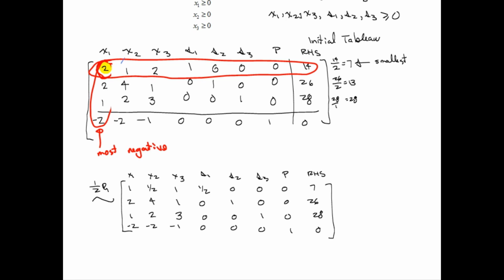Okay, and I'm highlighting my pivot element again so I can remember which one it is. It's right here. I've now turned that into a 1, and now I want to get zeros elsewhere in that column. In other words, I want to get a 0 here.